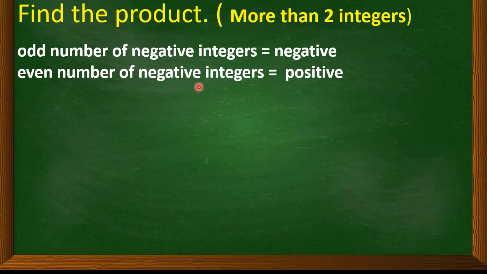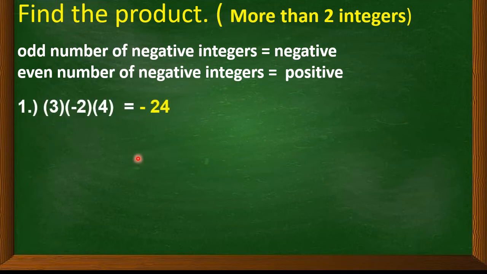An even number of negative integers is equal to positive. So meaning to say, we will just count how many integers are negative. Okay? If the number of negative integers is odd, then the sign is negative. And if the number of negative integers is even, the sign is positive.